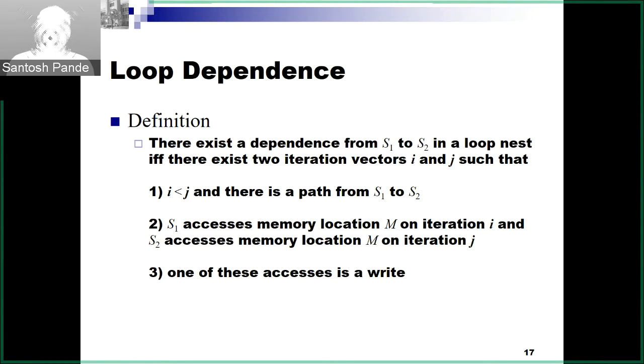That's the assumption here. And there is a path from S1 to S2, and I occurs before j, and one of them is a write. So if it happens to be S1 which has a write, then that will be write before read, given I less than j, and that will be a flow dependence or a true dependence, like what we saw in the earlier examples on the whiteboard.